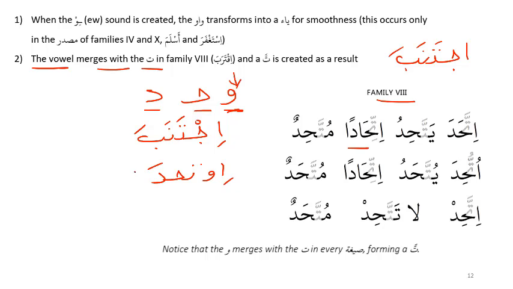It sounds very ugly. So what are we saying? This waw merges with the ta, so the ta we make a shadda. So this becomes ittahada. That's what we see over here: ittahada, yattahidu, ittihadan.